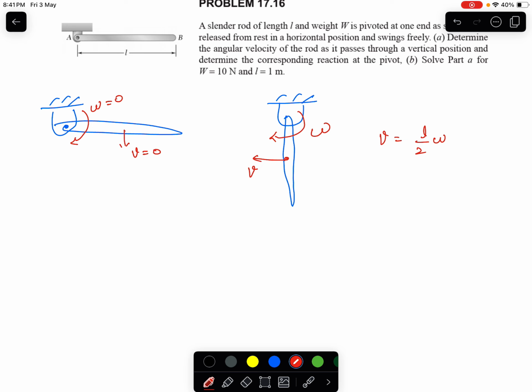The external force applied is of course the gravitational force, which is a conservative force.